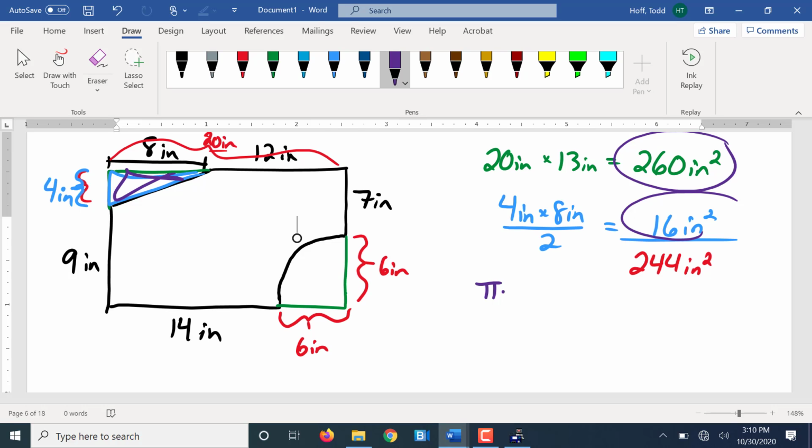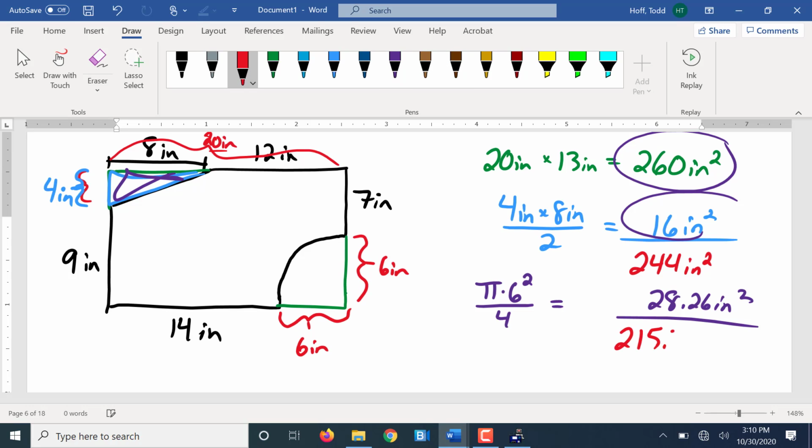So the area of the full circle is pi times what? 6 squared. Good. And then since it's a quarter circle, we divide by 4. So what's that give us? 28.26. So we subtract that to do 215.74 square inches as the area.